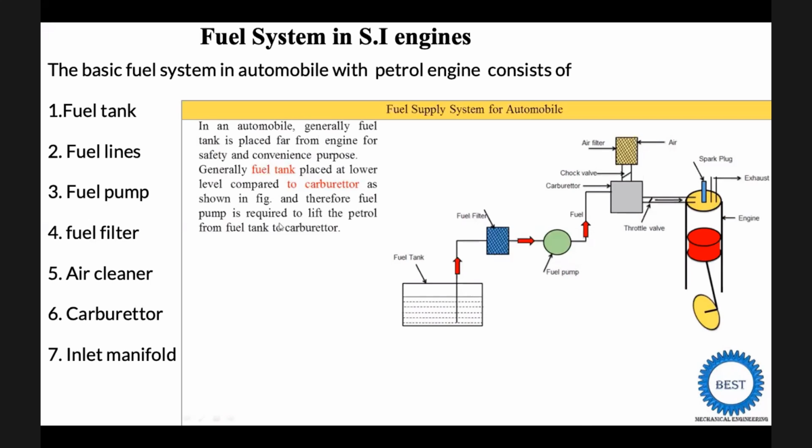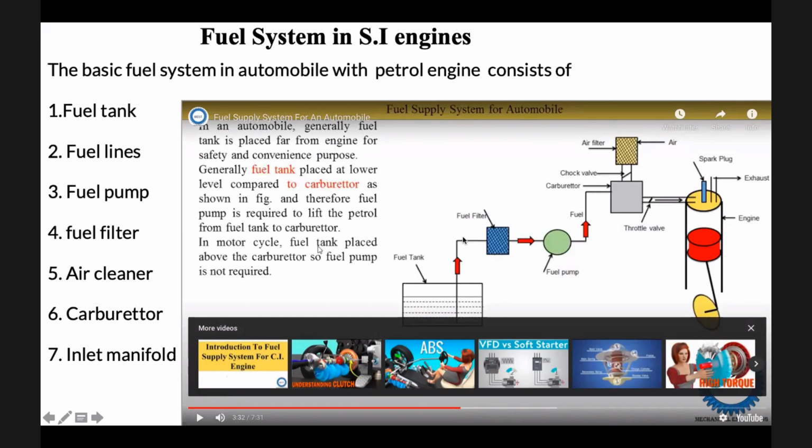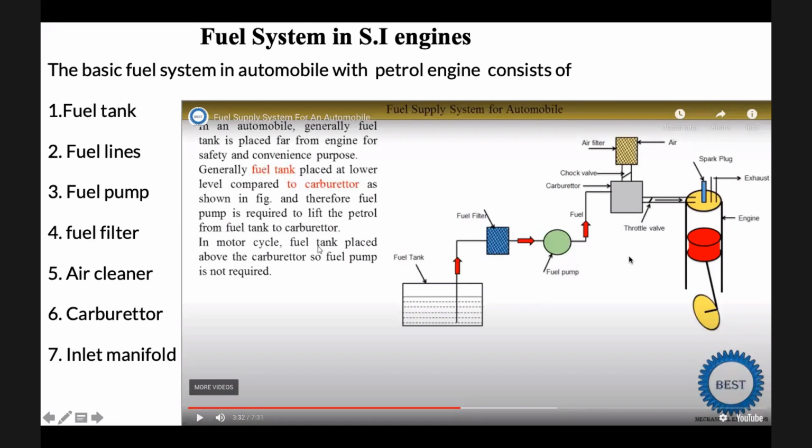Means the fuel tank is at a lower level compared to the carburetor. Therefore, a fuel pump is required to lift the petrol from this fuel tank to the carburetor. So the fuel tank is at the lower level, the carburetor is at the upper level. That's why we need the pump, and the pump supplies the fuel, means petrol, from this fuel tank to the carburetor. So in this particular configuration of the diagram, we have the fuel tank at a lower level as compared to the carburetor, so we need a fuel pump here.